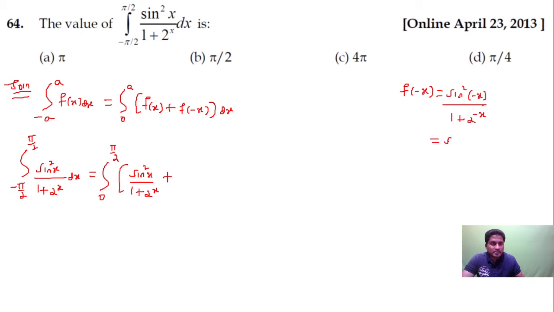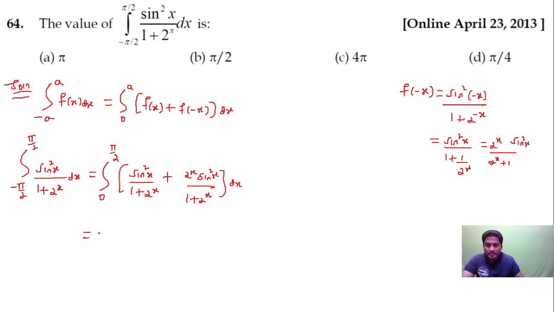Sine square of minus x is sine square x. This can be written as 1 plus 1 by 2 power x. Cross multiply and shift to the numerator, you get 2 power x divided by 2 power x plus 1 into sine square x. So this is 2 power x into sine square x upon 1 plus 2 power x. Close the bracket and dx, from 0 to pi by 2. I'm going to take sine square common.